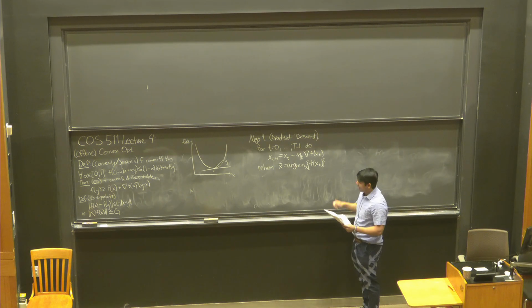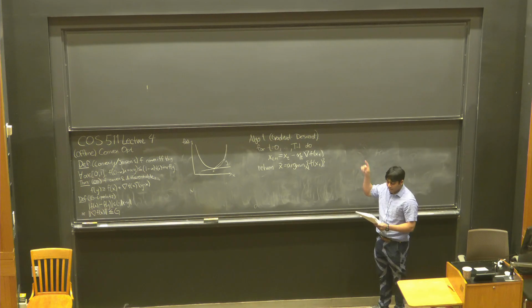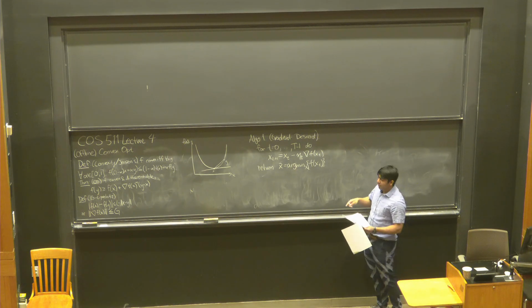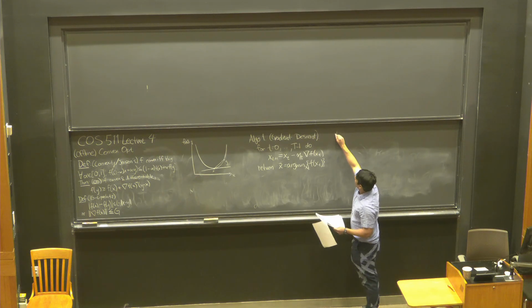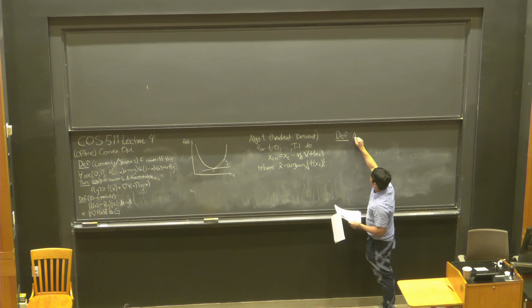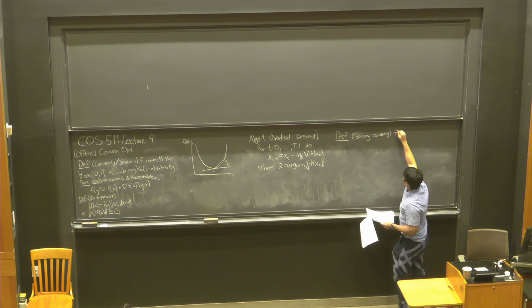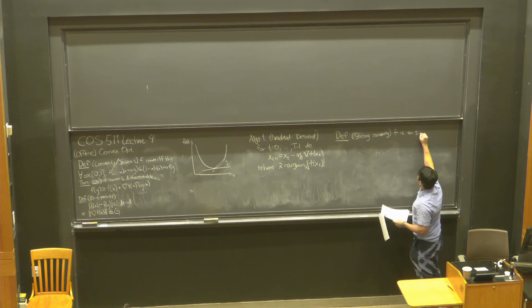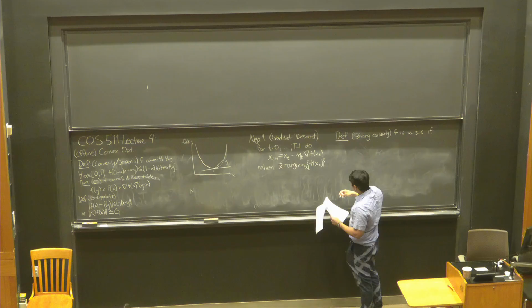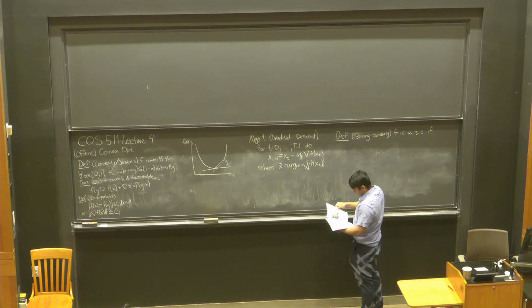Okay. Anyways, let's talk about some cases when gradient descent converges. So I'm going to define 3 more things. A function is called strongly convex. So f is alpha strongly convex if, let me make sure I write this correctly.